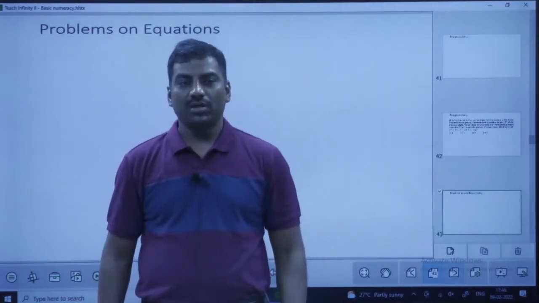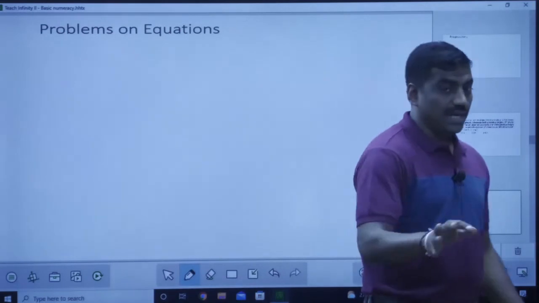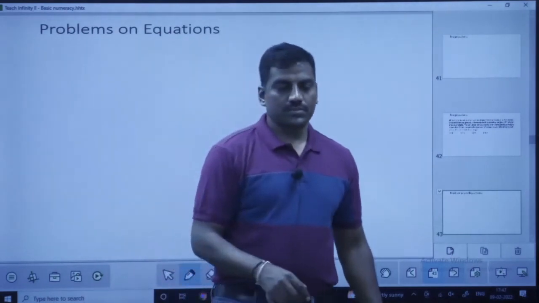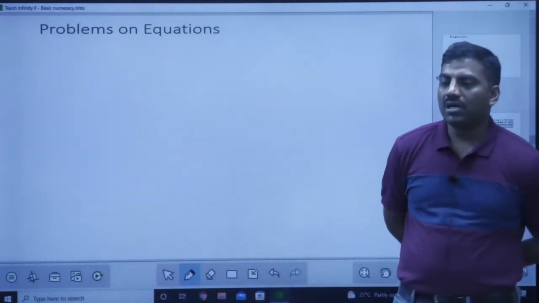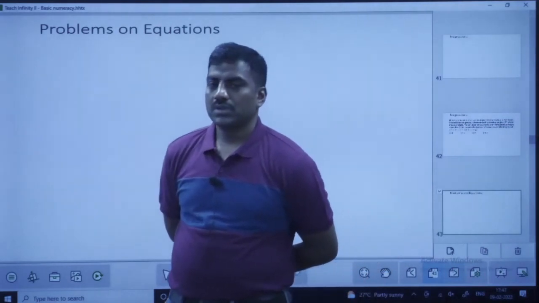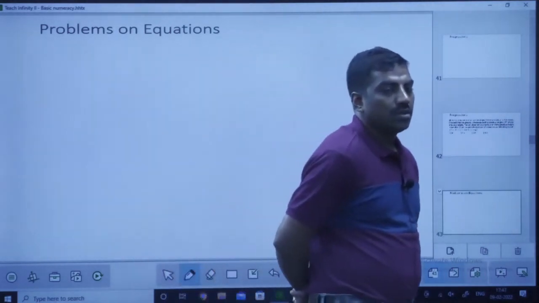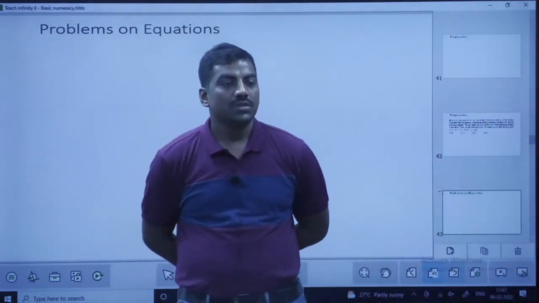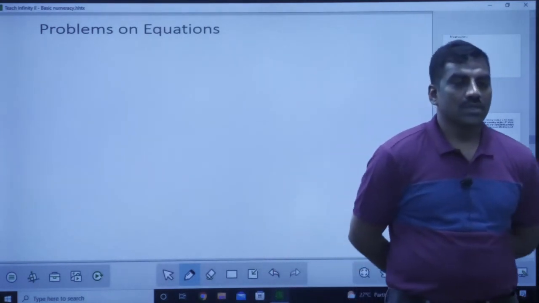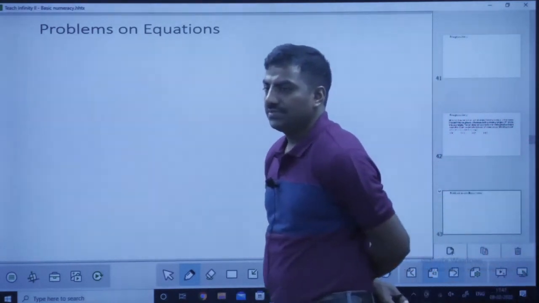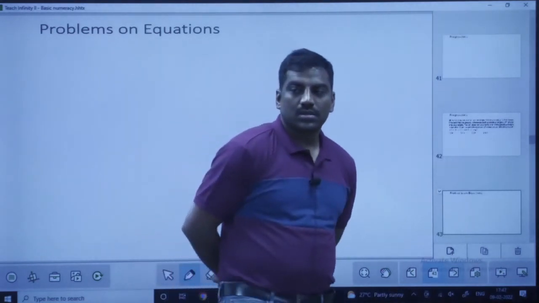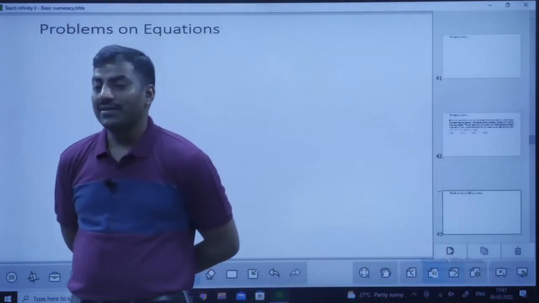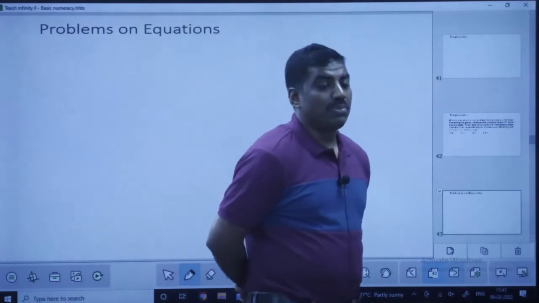So write this down. Write this down with a box or highlighter or star. The number of variables should be equal to the number of equations to get the complete solution.